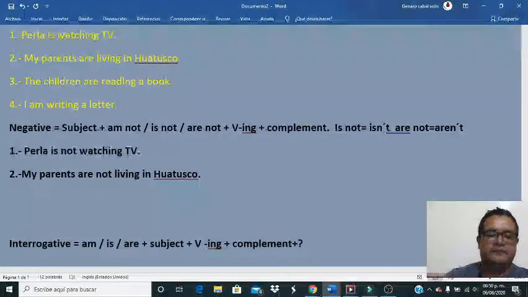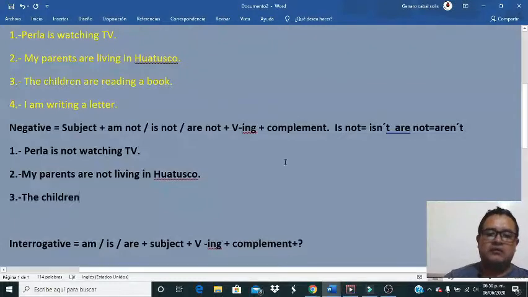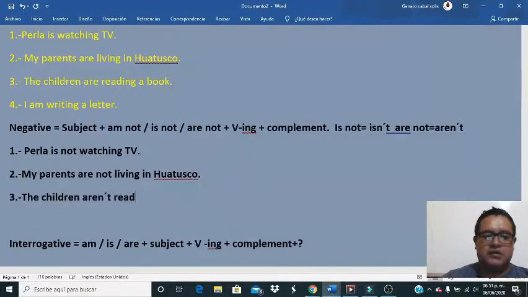Number three is like this. The children are reading a book. So I will write the children. I will use a contraction here. Voy a utilizar la contracción aquí. The children aren't reading a book. So in this case, los niños no están leyendo un libro.